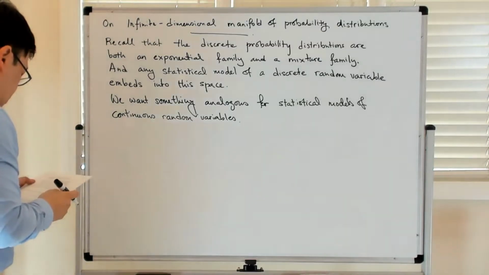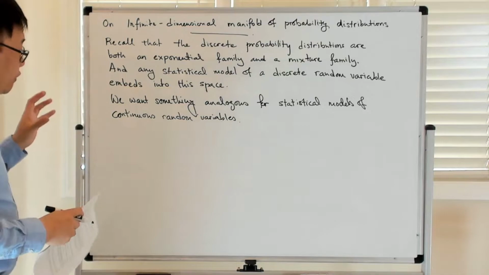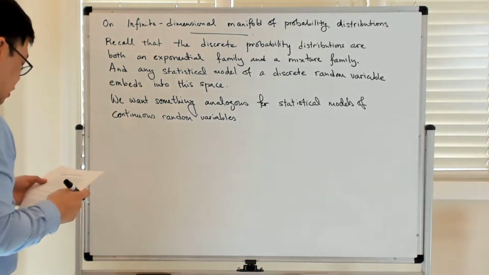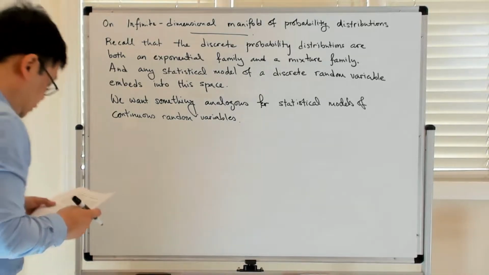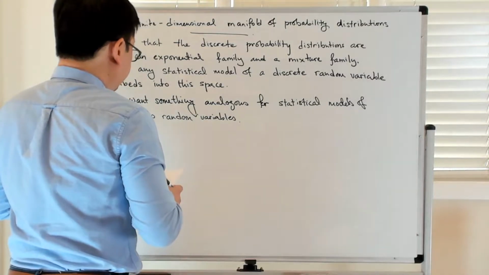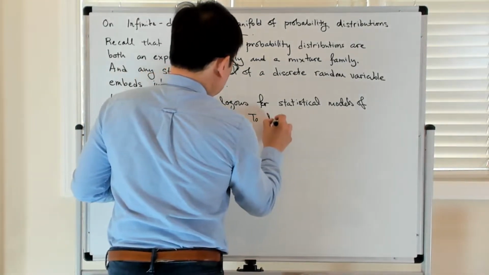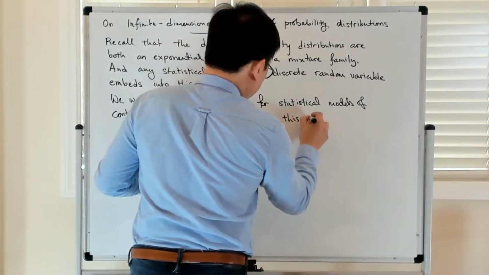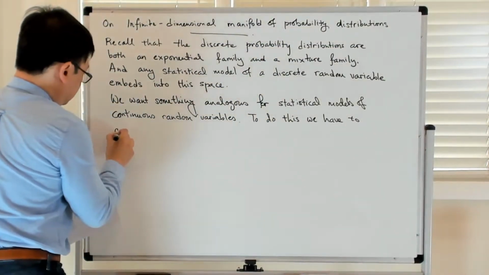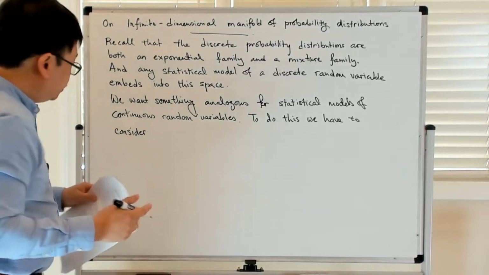Okay. And in particular, we want something where statistical models of continuous random variables can be embedded into some sort of ambient space of probability distributions. Okay. So to do this, we have to consider sort of an infinite dimensional function space.